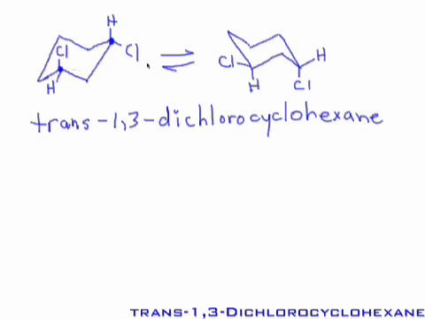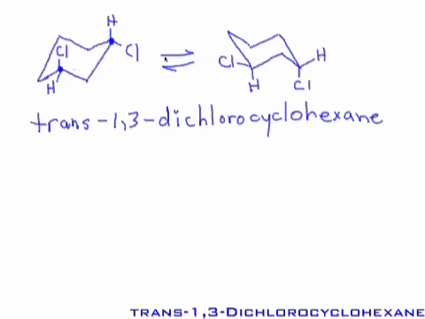You have one axial, one equatorial in both structures. Neither structure is more stable than the other. What's interesting is that when we went from 1,2-dichlorocyclohexane to 1,3, in 1,2 this phenomenon was observed for the cis isomer. In the 1,3 case, it's observed for the trans isomer.